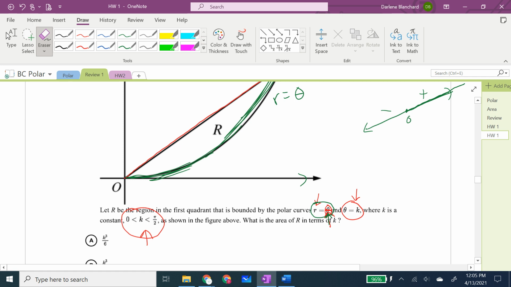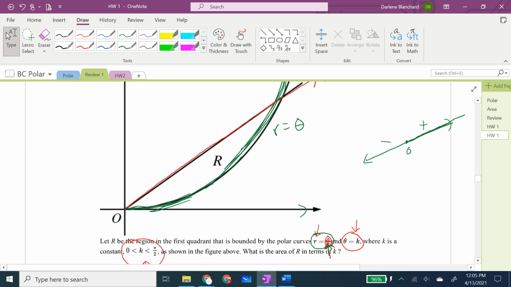Now, when you get ready to set up an integral, you want to be thinking about how area is created with polar. Area is created by starting at angle 0, and I first go nowhere. Then theta turns a little bit in the positive direction, and I am following a particular function, until I reach this theta.